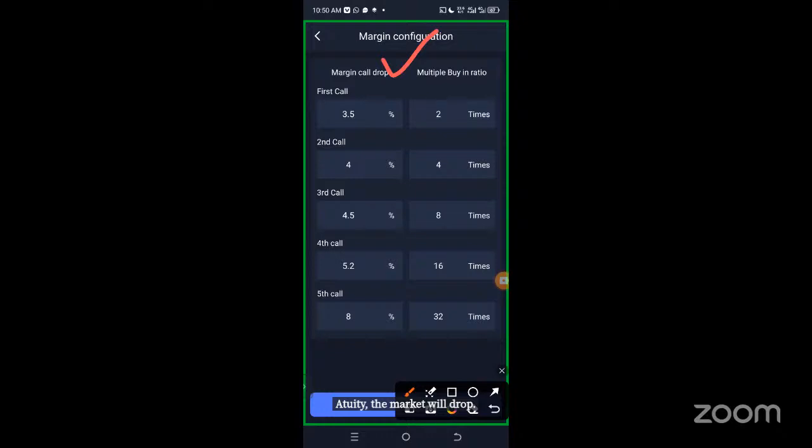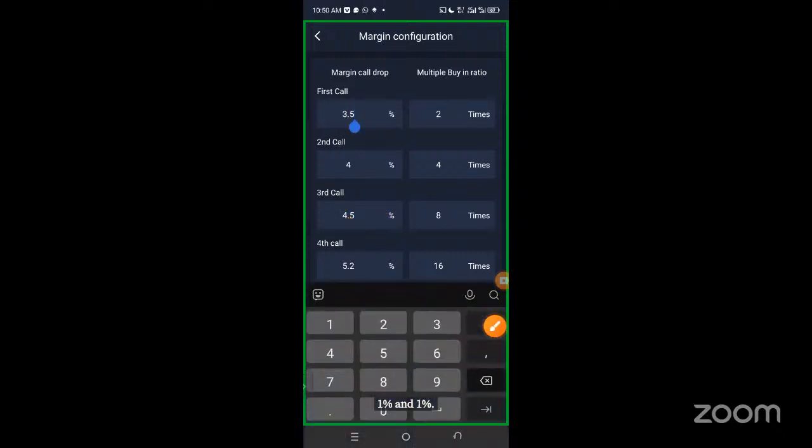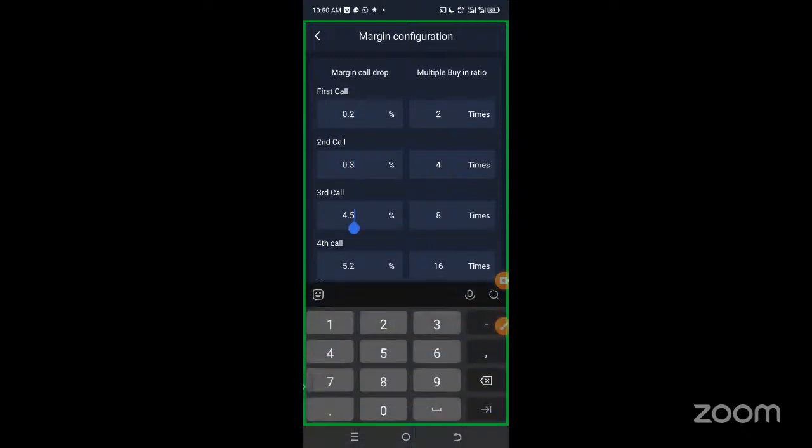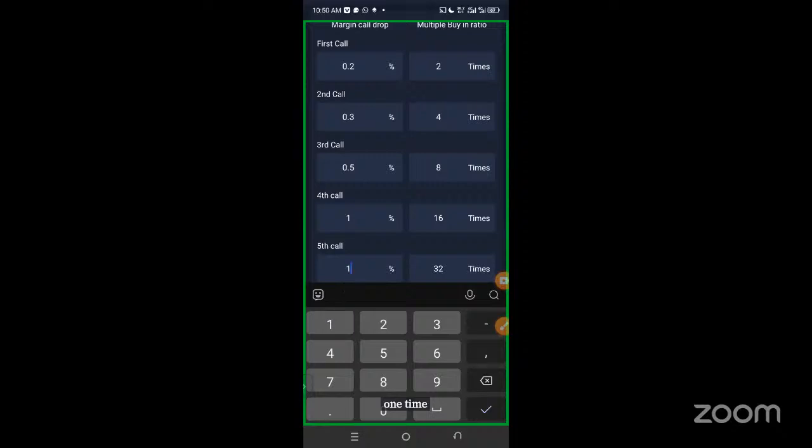Therefore, using the bull run strategy, here put 0.2, here 0.3, here 0.5, 1% and 1%. 0.2, 0.3, 0.5, 1 time, and 1 time.